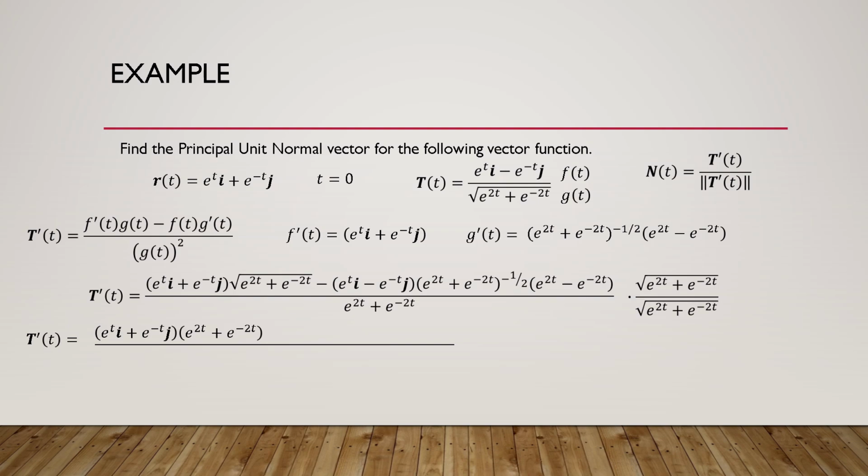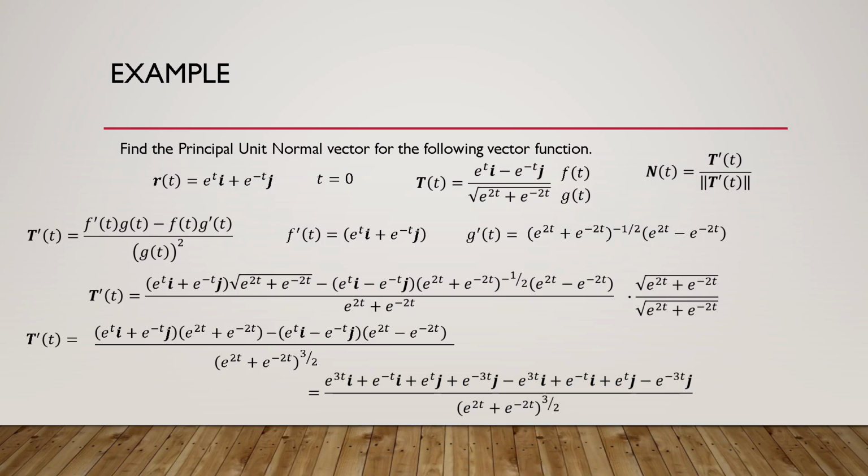In the second term, it cancels with the quantity e to the 2t plus e to the negative 2t to the negative 1/2 power to get the quantity e to the t i minus e to the negative t j times the quantity e to the 2t minus e to the negative 2t. In the denominator, the terms multiply to get e to the 2t plus e to the negative 2t to the power of 3 over 2.